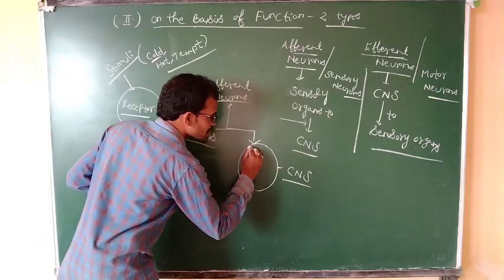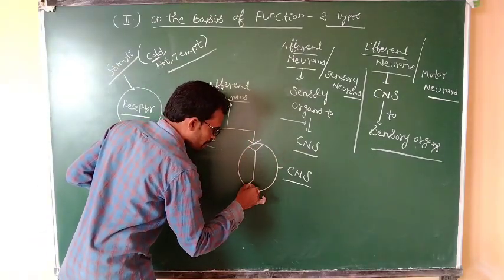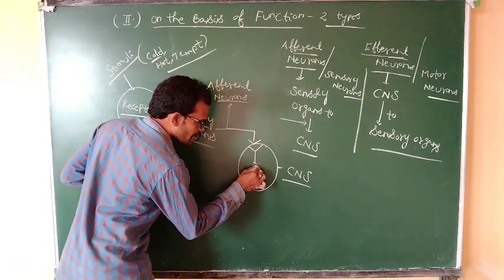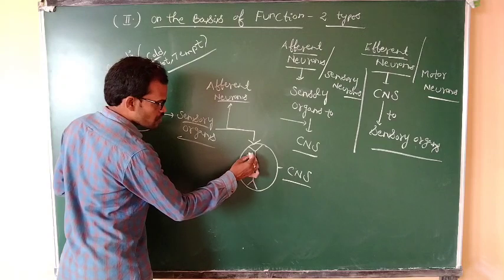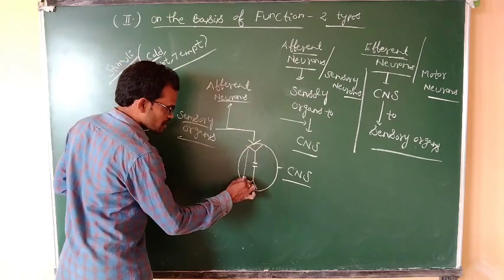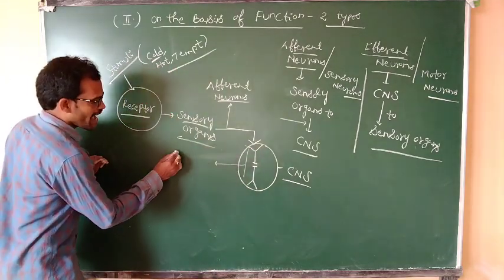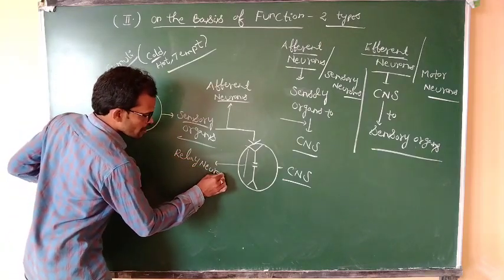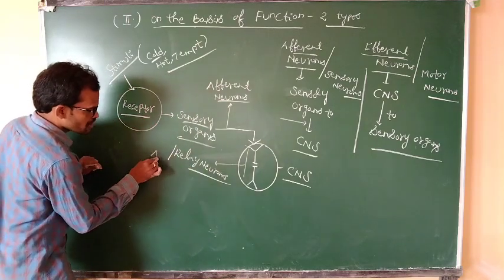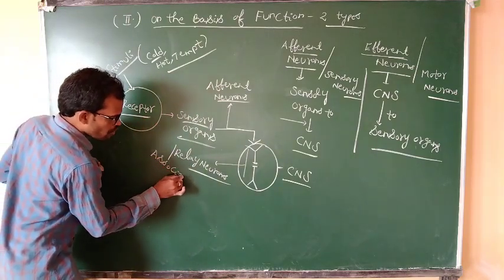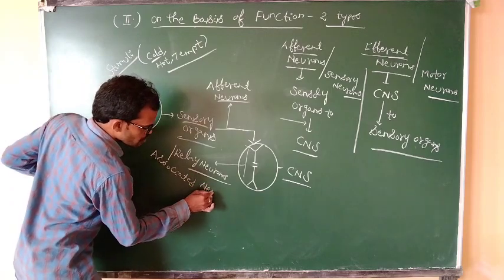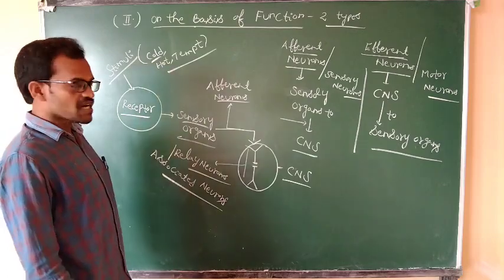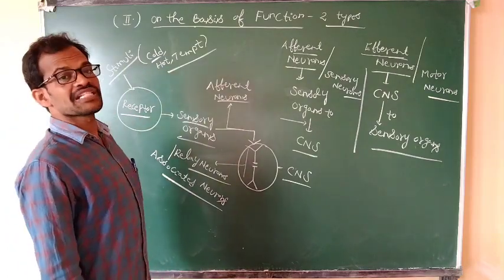The central nervous system consists of one important type of neurons, which analyze the information. These neurons are known as relay neurons, also known as associated neurons. This center consists of motor neurons as well as sensory neurons.